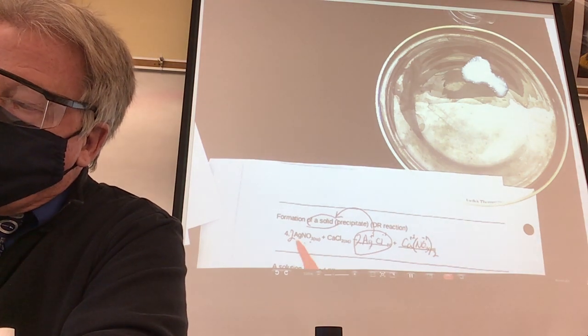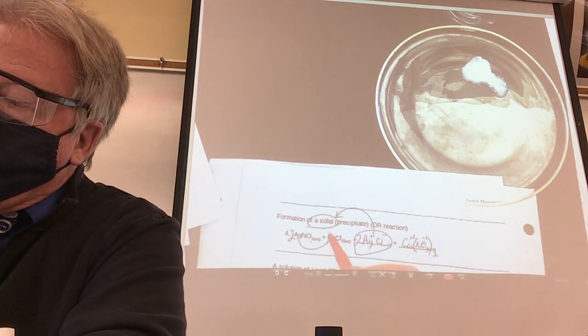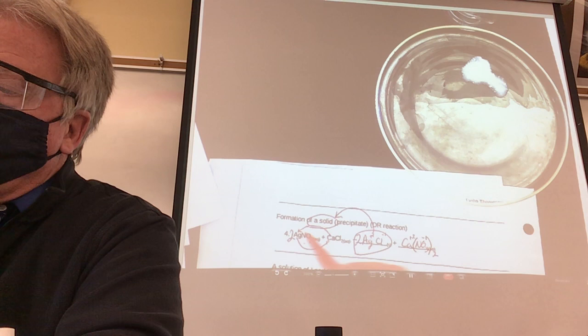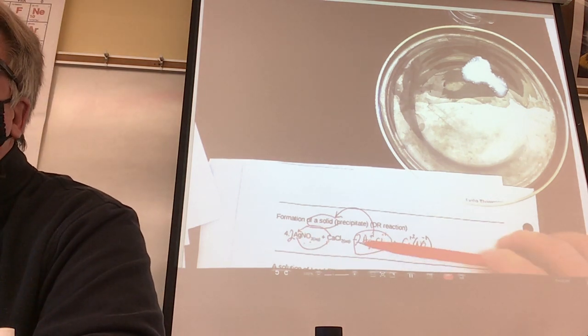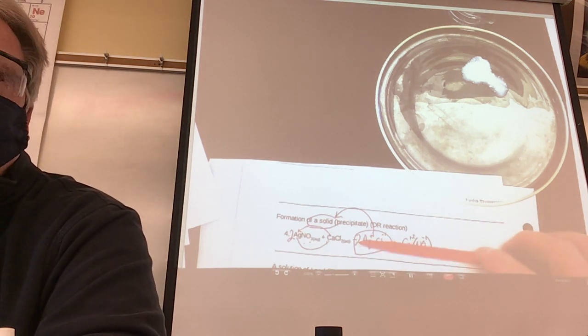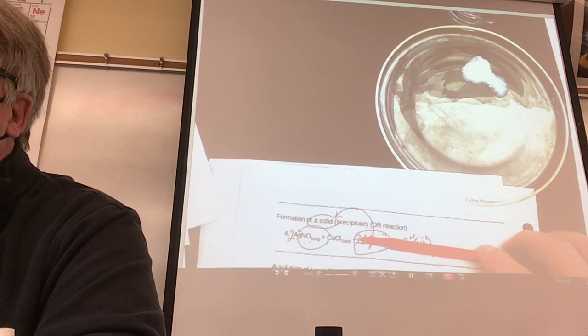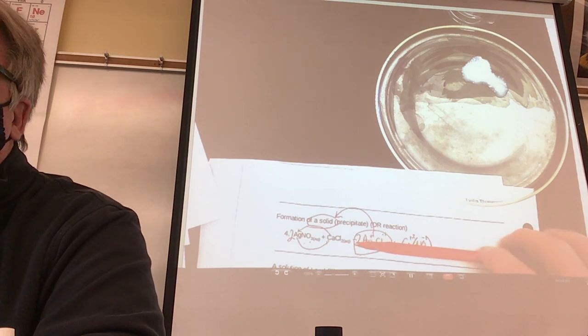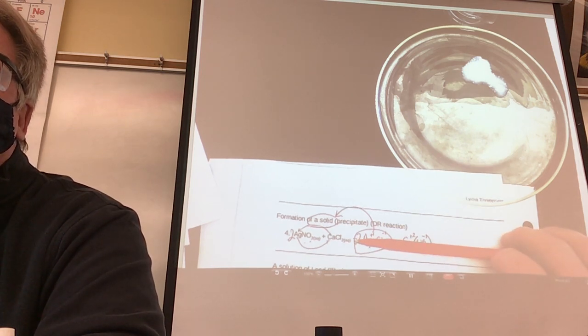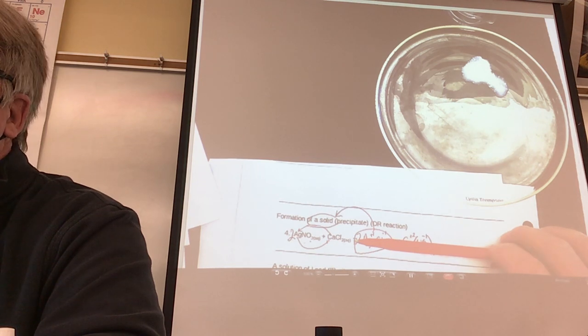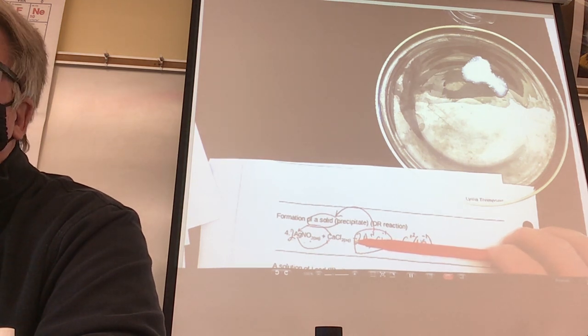Watch now. All right, silver what? Oh, tell me one of the products here. I know you guys haven't been here for 2 weeks, but what do you think? Silver chloride. How do you write silver chloride?